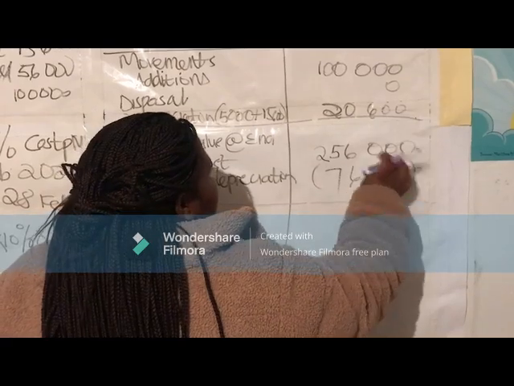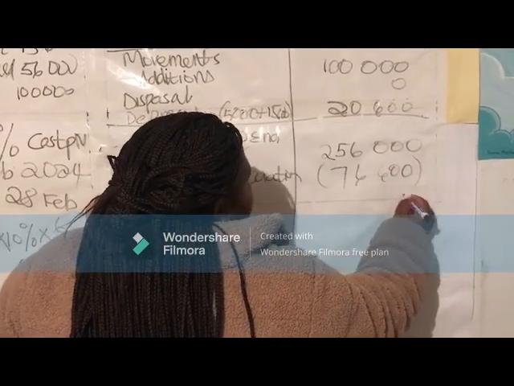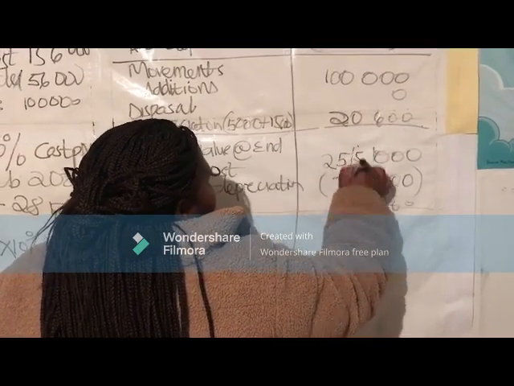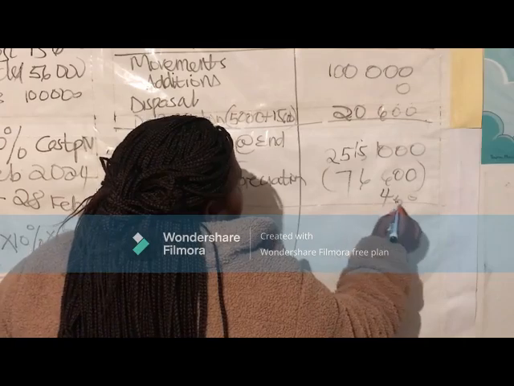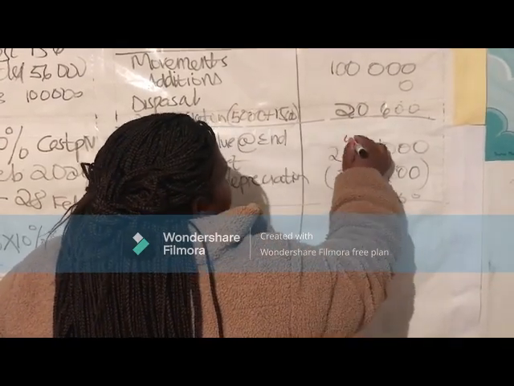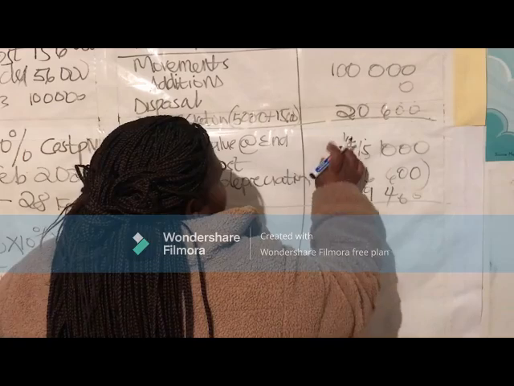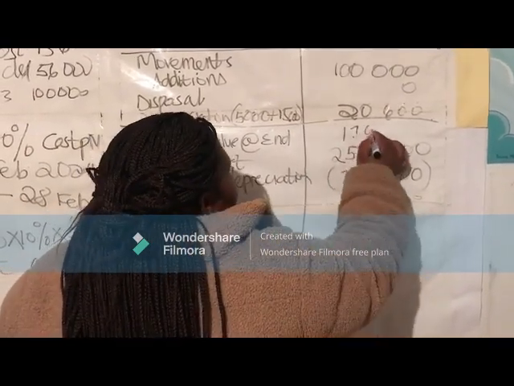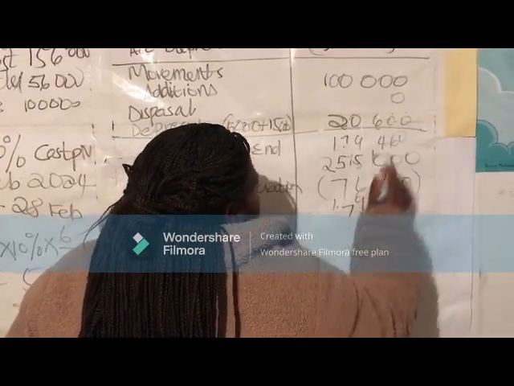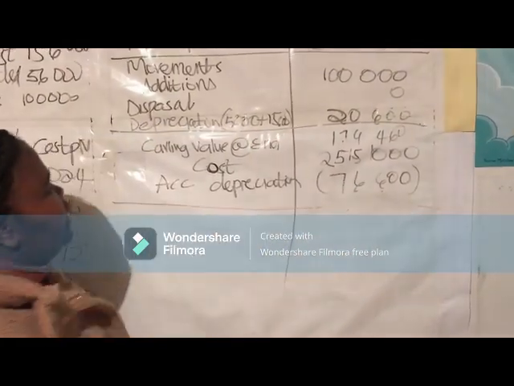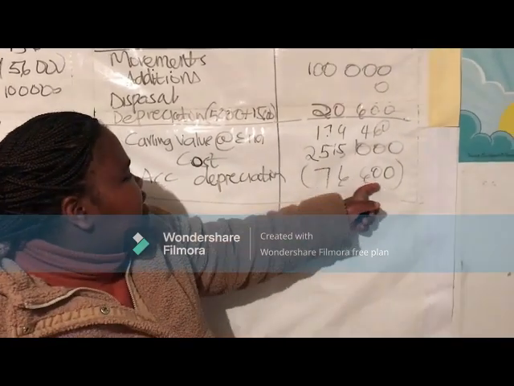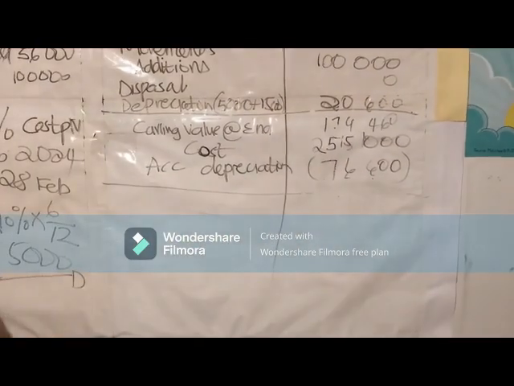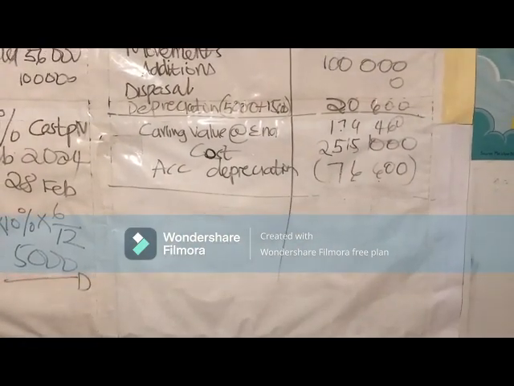So if you say 256 minus 76,600, you get your carrying value at the end, which is 176,460. So that is your fixed asset note for vehicles.